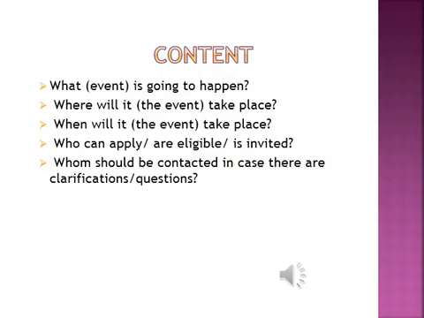When will it take place? When the event is going to take place. Then you have to mention the time, when it is going to start, when it is going to end. In the case of where, you have to mention the venue, the place where it is going to take place.